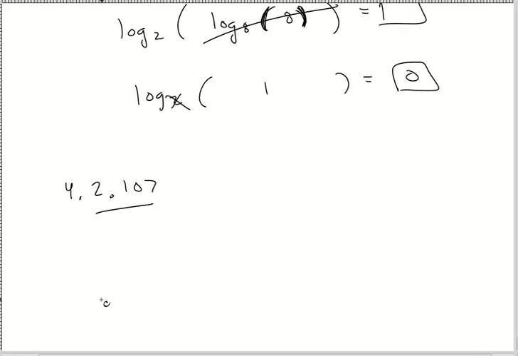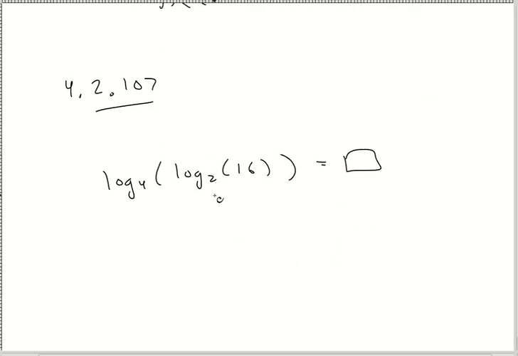42107. I got log base 4 of log base 2 of 16 is equal to what? Well, there's no canceling going on. What I could do is say, hey, 2 to what power is equal to 16?